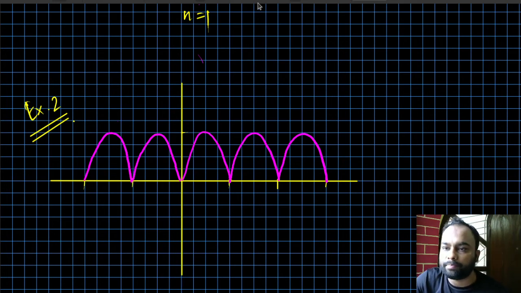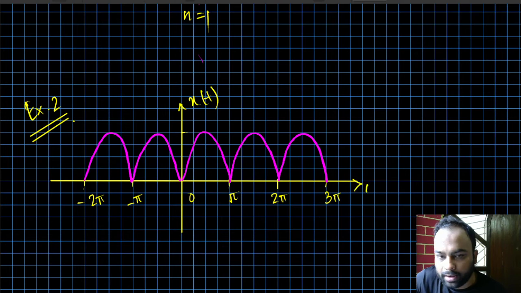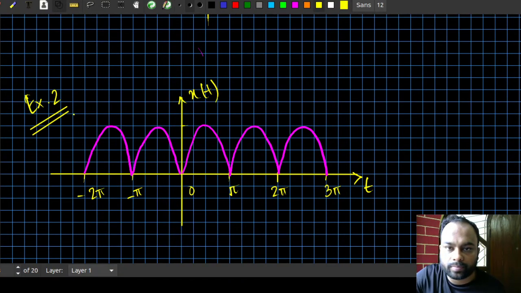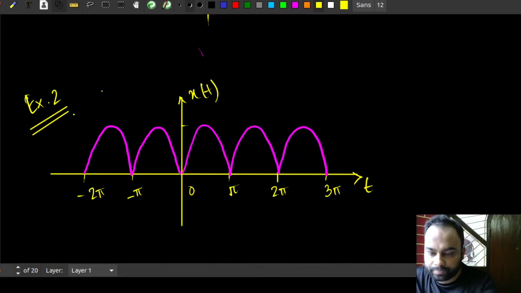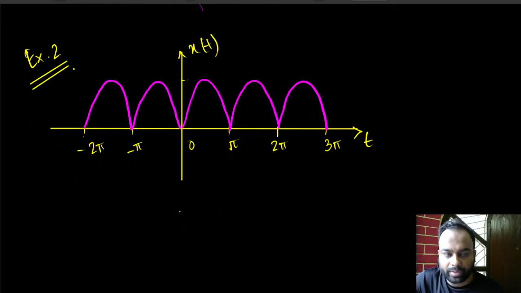All of you are quite familiar with this kind of signal. So can anybody in the chat tell me what signal this is? This is a rectified sine wave.